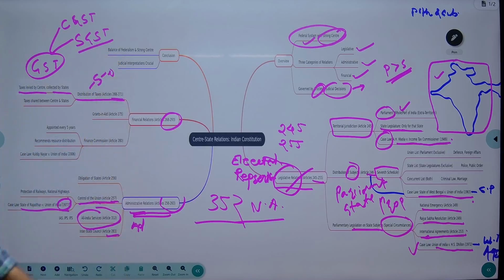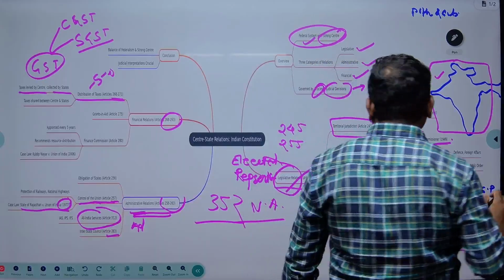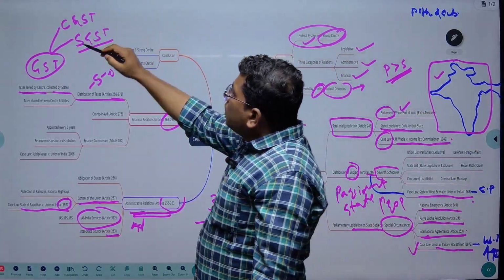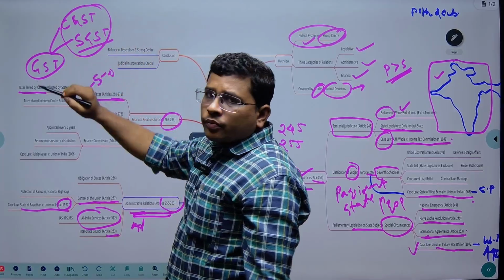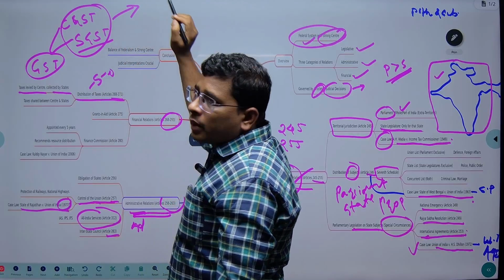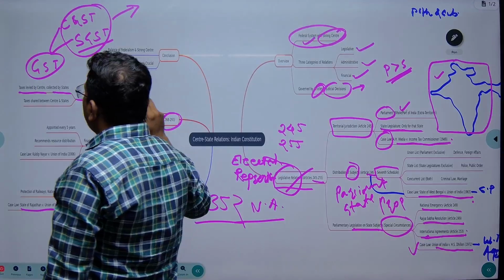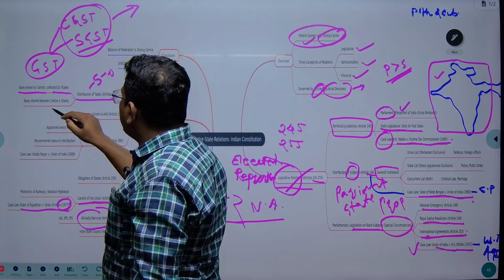So SGST is the tax collected by the states, which is levied by the center. SGST tax is collected by the state and levied by the center. So this tax is collected by the union, right?